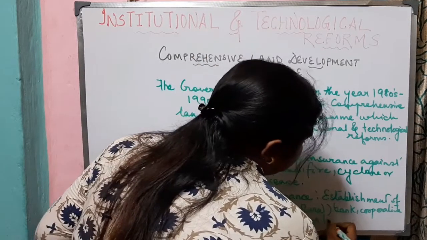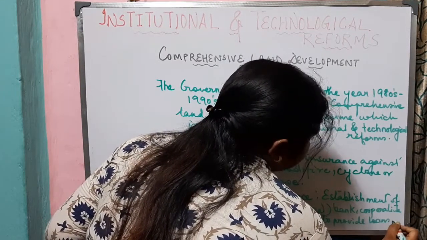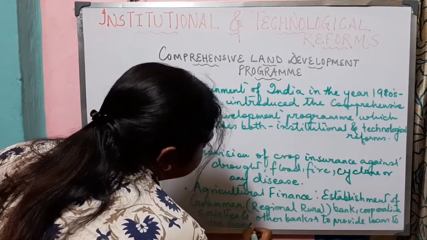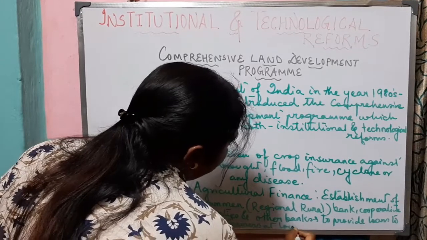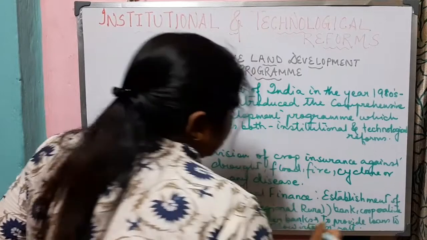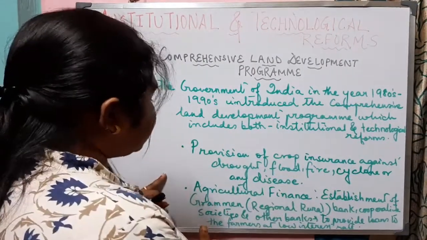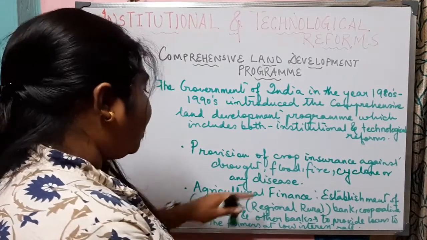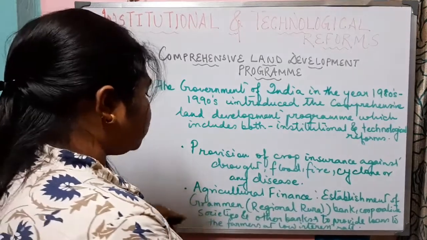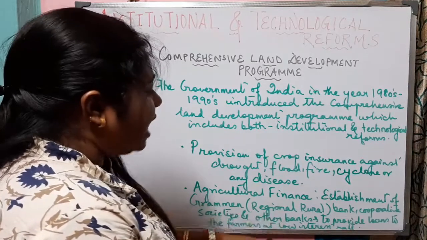Why? To provide loans to the farmers, especially the small farmers, at low interest rate. So under the Comprehensive Land Development Program, agriculture finance is also included, where Grameen banks, the regional rural banks, were established along with cooperative societies and other banks which would provide loans especially to the small farmers at low interest rates.